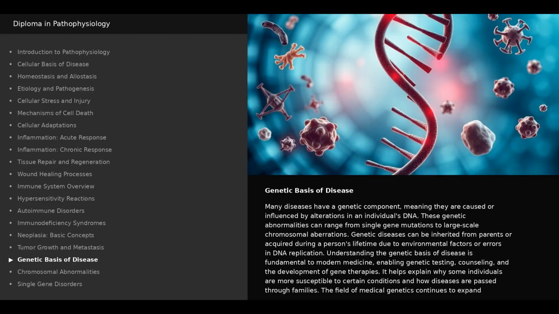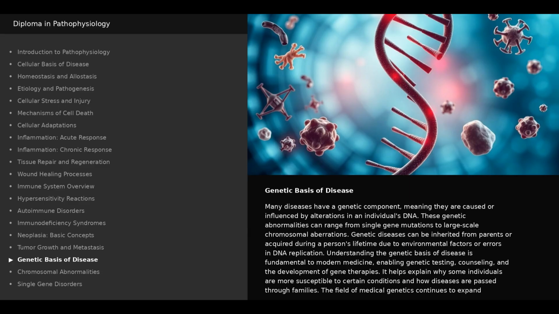Genetic basis of disease. Many diseases have a genetic component, meaning they are caused or influenced by alterations in an individual's DNA. These genetic abnormalities can range from single gene mutations to large-scale chromosomal aberrations. Genetic diseases can be inherited from parents or acquired during a person's lifetime due to environmental factors or errors in DNA replication.